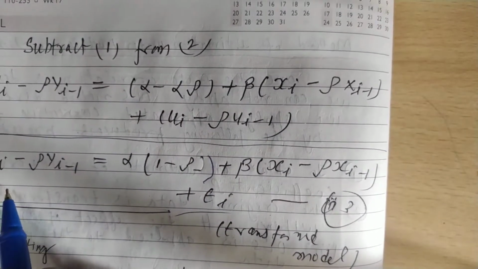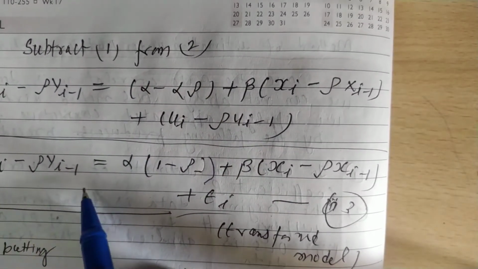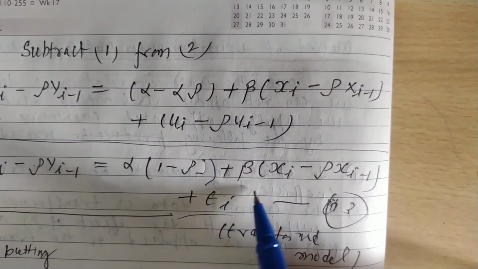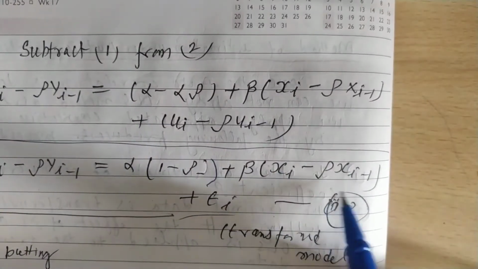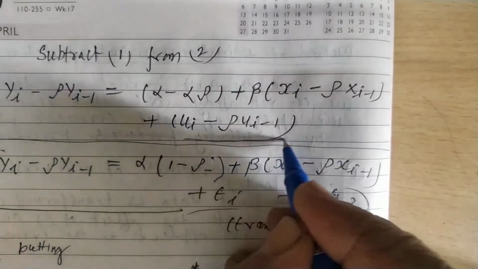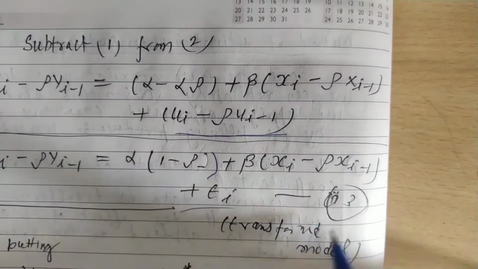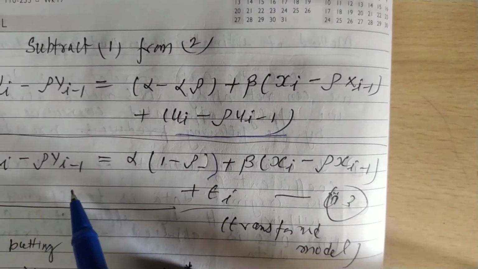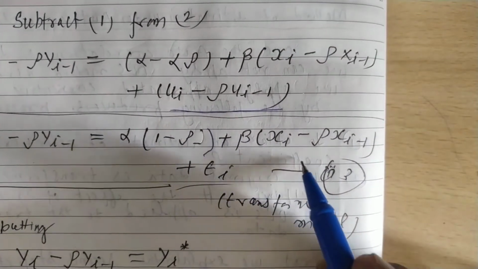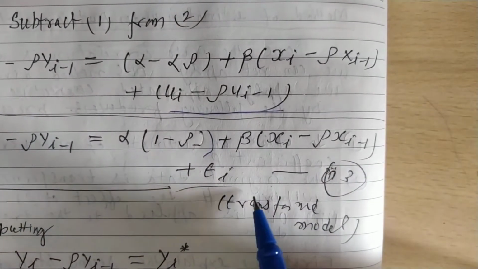On simplifying, we get the third form: yi - rho y(i-1) = alpha (1 - rho) + beta xi - rho beta x(i-1) + epsilon i, in place of ui - rho u(i-1). This is our transformed model: yi - rho y(i-1) = alpha (1 - rho) + beta (xi - rho x(i-1)) + epsilon i.